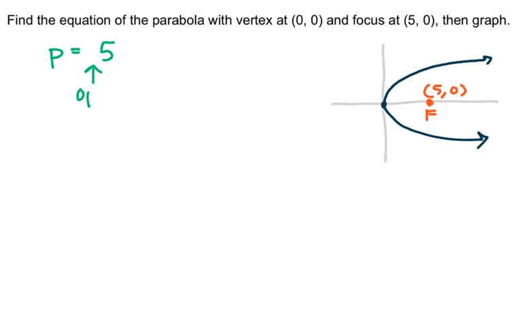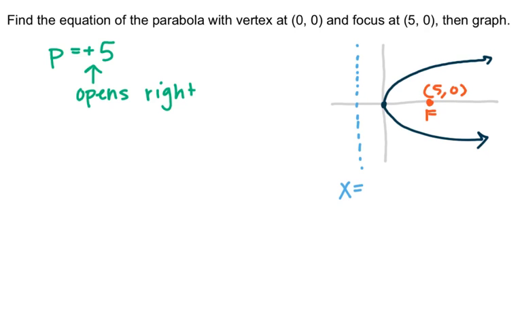Because it opens to the right, we know that this is a +5 for my p-value. That means my directrix over here to the left is a vertical line.